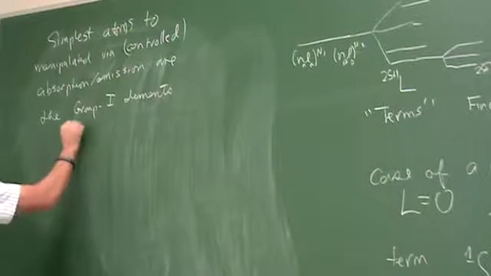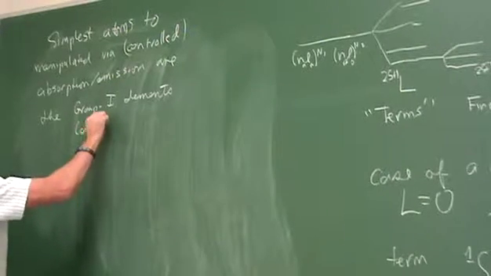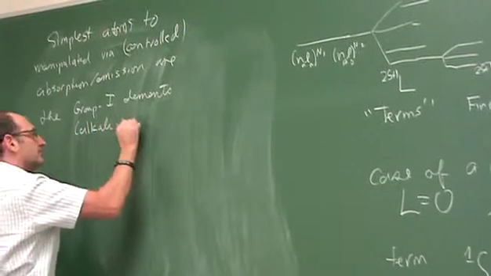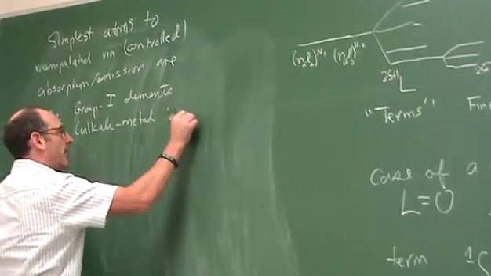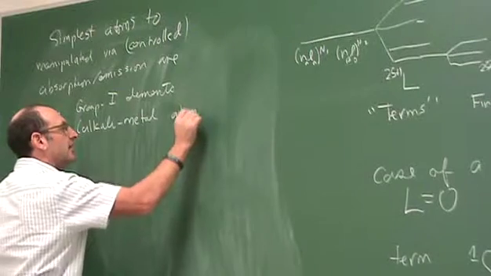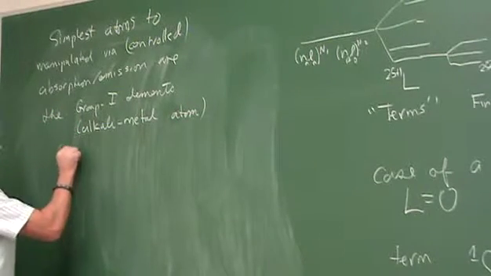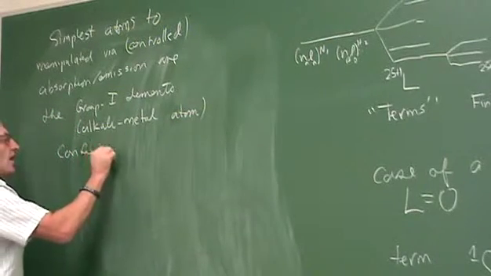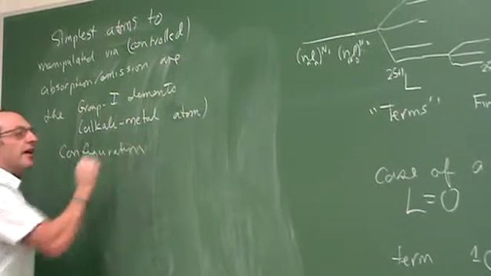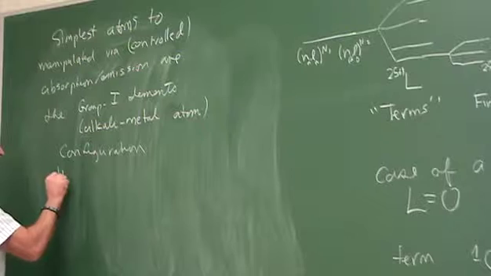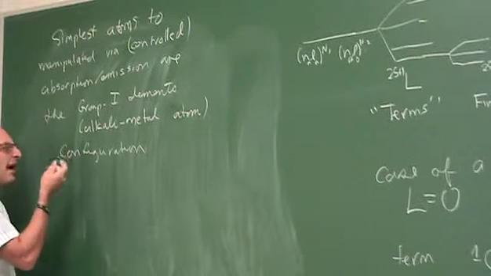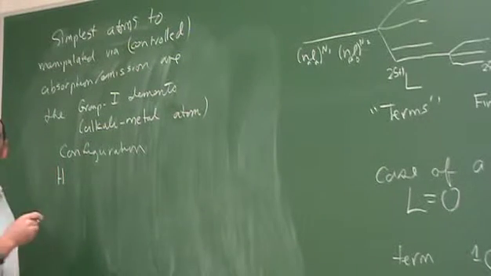And those, of course, are the alkali metal atoms. So they have simple configurations. Their configurations are very similar to hydrogen. Of course, hydrogen is a group 1 element, not quite an alkali metal, but still group 1.